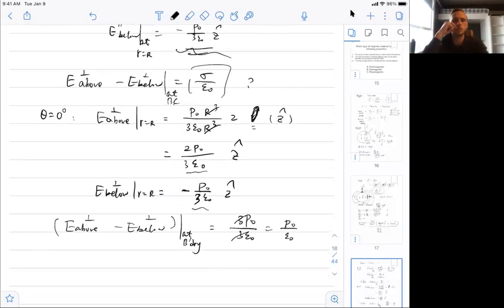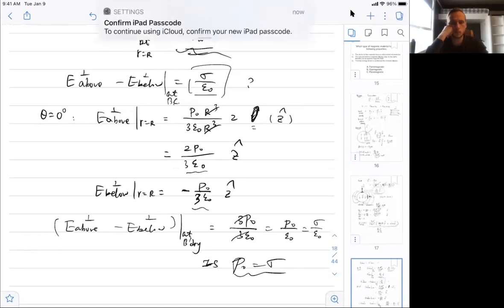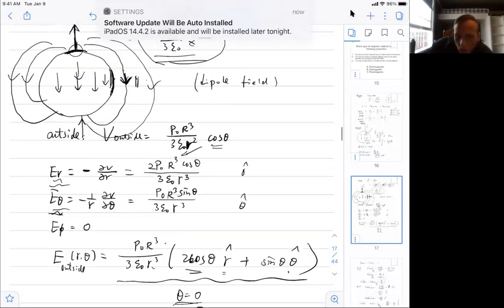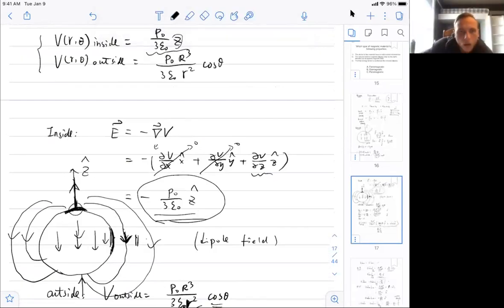And that should equal sigma over epsilon naught. Is that right? So is this condition met? What is the surface density? This is the surface charge here at the boundary. And what kind of surface charge do we have? Where does it come from?